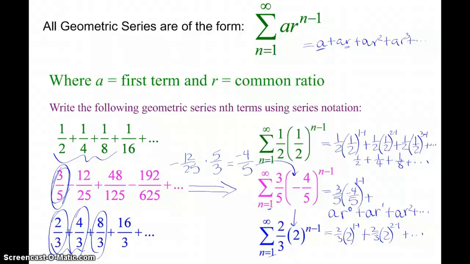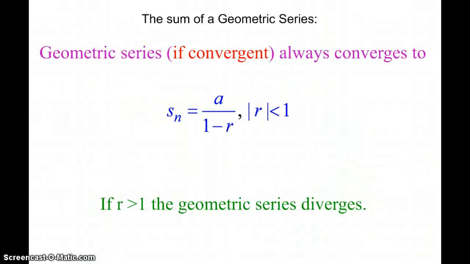So geometric series are really easy for us to generate from the nth term. They're super easy to recognize because it looks like an exponential function if it were in terms of x. So recognizing a geometric series is important because it's one of the very few series where we can actually find the exact sum.